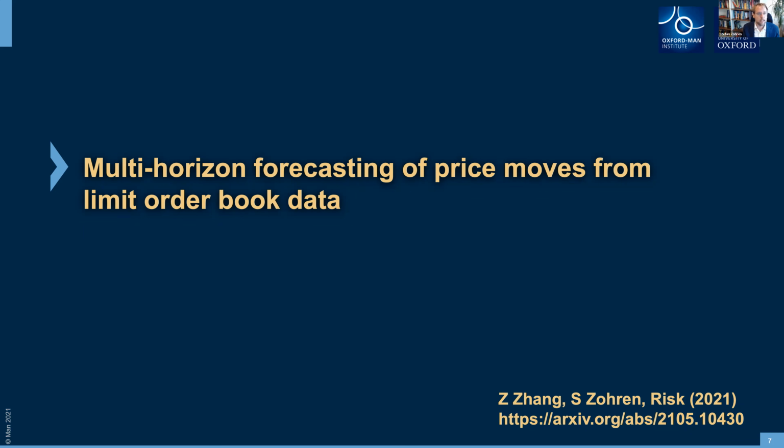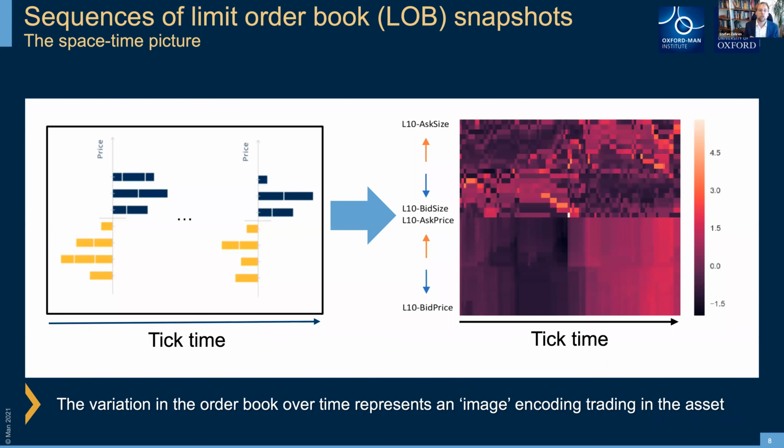So the first thing we have to look at is how do we encode this data? How do we take these limit order books and somehow stick them into our model? We have to somehow make them more amenable. And the way we do it is using what I call the space-time picture, which is really just a sequence of limit order books. So we don't look at just one limit order book, but we look at sequences of limit order books.